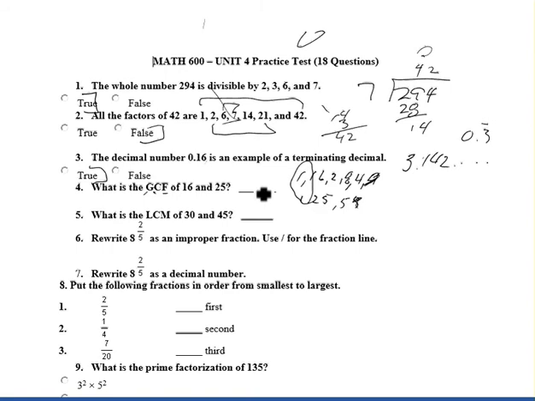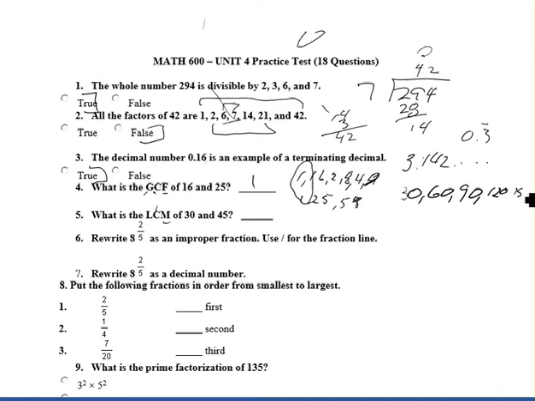Okay, what's the least common multiple? It's a multiple, like your multiplication times tables. It's common to both, it's in both, and it's the littlest number. So multiples of 30: 30 times 1 is 30, 30 times 2 is 60, 30 times 3 is 90, 30 times 4 is 120, 30 times 5 is 150.